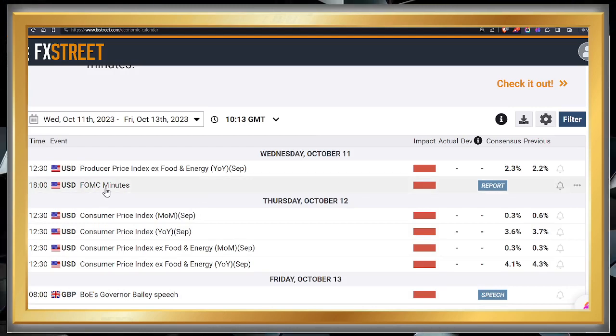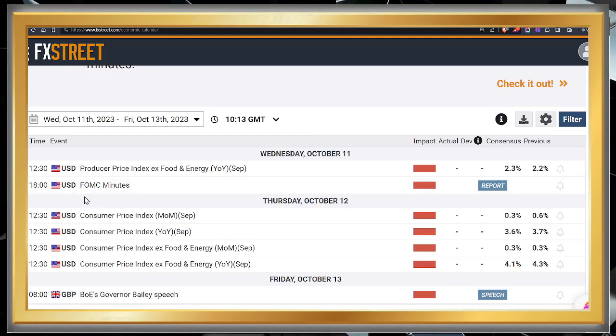Then fast forward to about 10 hours from now, we are going to be looking forward to the publication of the FOMC minutes. Now, these minutes summarize the discussions and decisions made by the Federal Reserve regarding monetary policy.